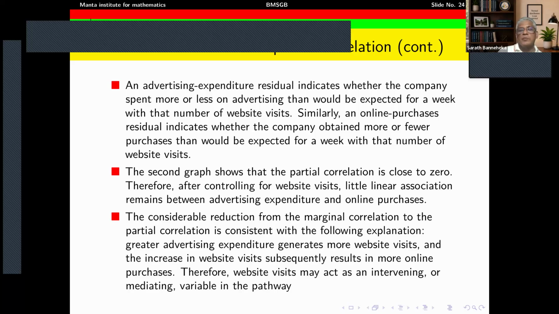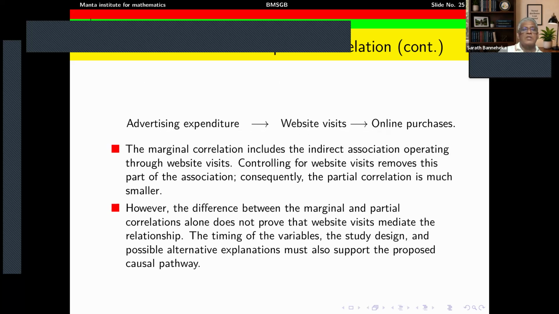So actually this variable, the Z variable, is in the middle of the two other variables. Right. So we can show that relationship like this. Website hits increase on average when the advertising expenditure is increased, and then online purchases increase as the website hits increase.